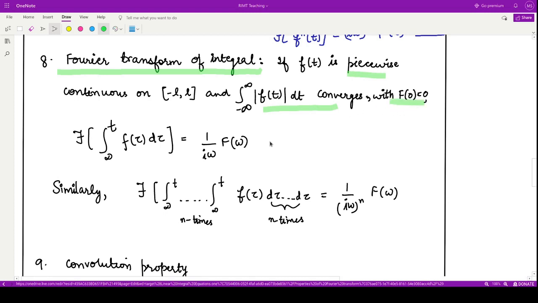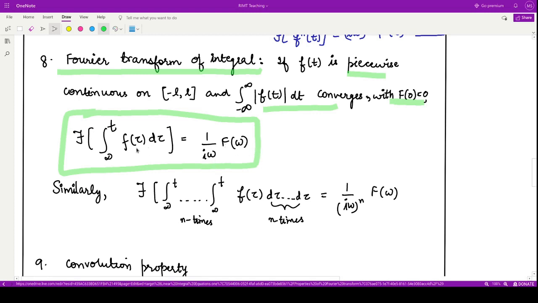If that is the case, then you can define the Fourier transform as this: Fourier transform of the integral from minus infinity to t of f of tau d tau. Now notice here that it is from infinity to t, right? So what is this? It is 1 by iota omega F of omega.